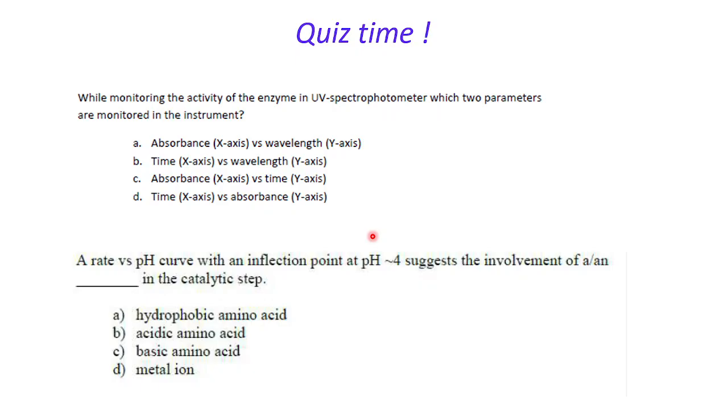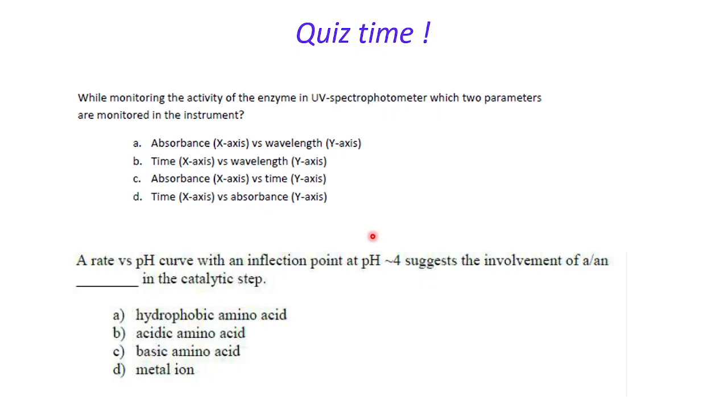So basically we always have absorbance in the y-axis. I would have been very happy if I had got wavelength in the x-axis, but that's fine. Since you're measuring the activity of the enzyme, it is time in the x-axis, and absorbance in the y-axis. So option D.